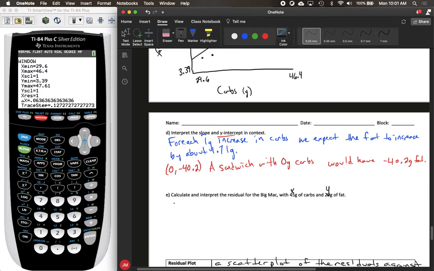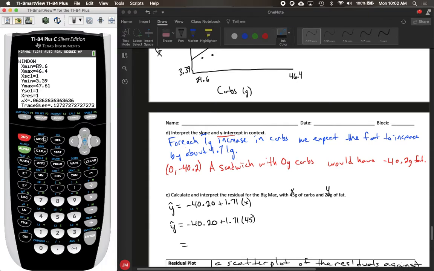Now, to find our y hat value, remember here's our regression equation: y hat equals negative 40.2 plus 1.71 multiplied by X. Let's plug in X to see what our y hat value is. So negative 40.20 plus 1.71 multiplied by 45. When we put that in, that'll give us our y hat value.